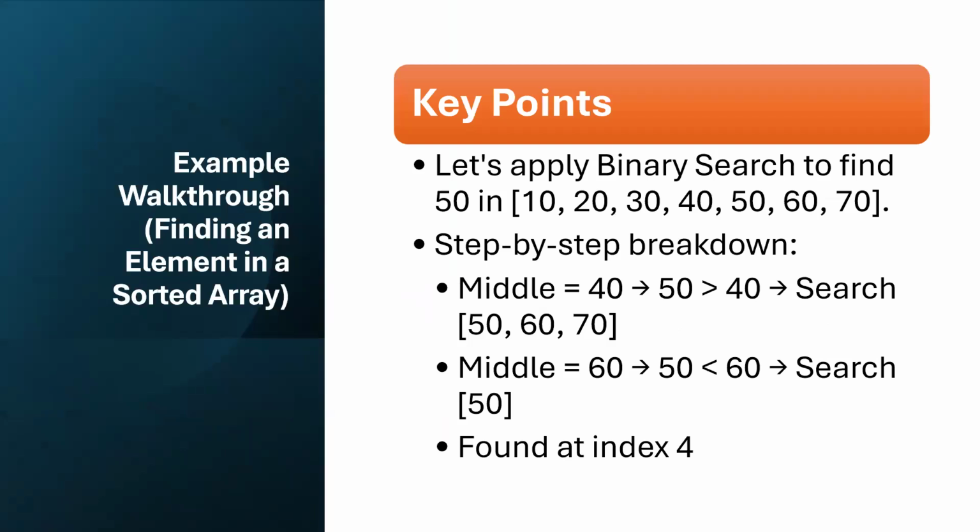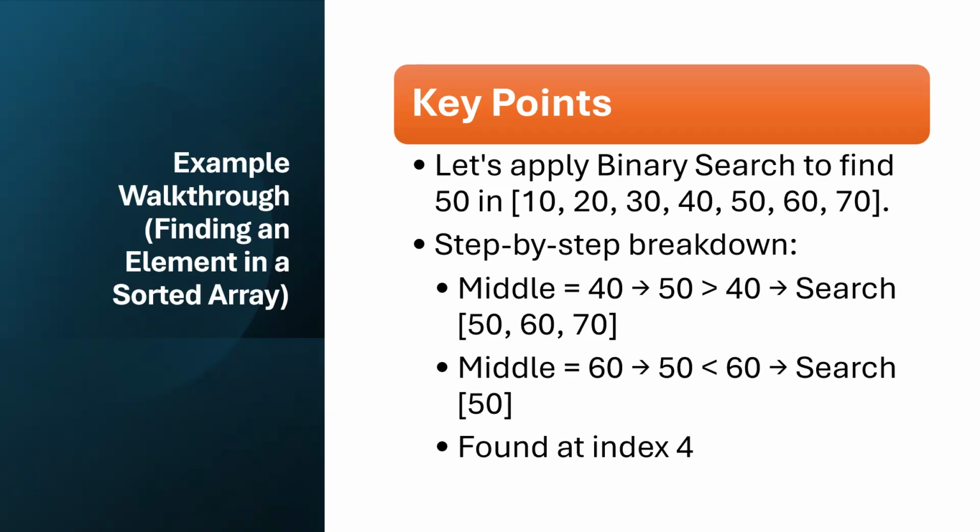So walkthrough. Let's now walk through an actual example of binary search. If you see here, the array list is 10, 20, 30, 40, 50, 60, 70. The target value is 50, so I want to find the value 50. First it will go with the middle element, that is 40.